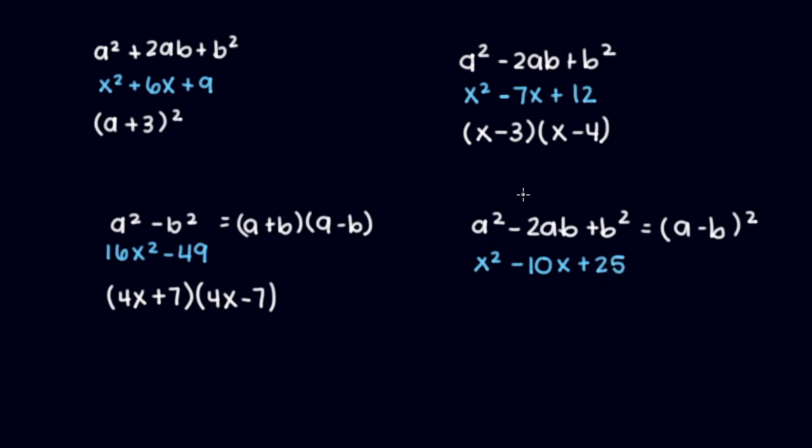So we can do 2 times x times 5, which is equal to 10x. So we can in fact rewrite this as x minus 5 squared.